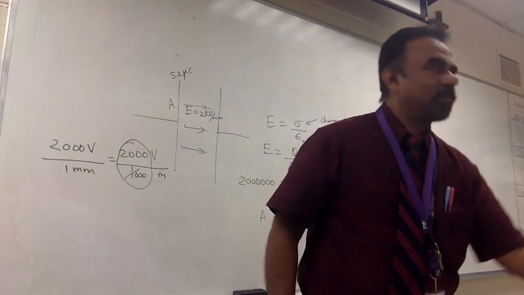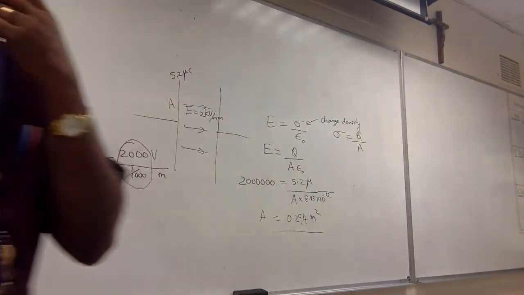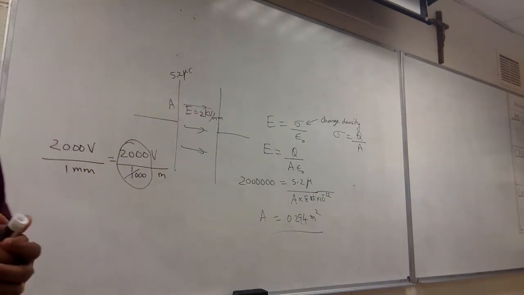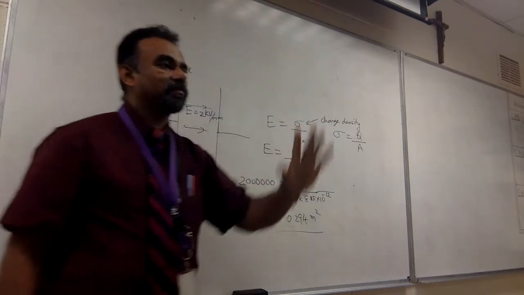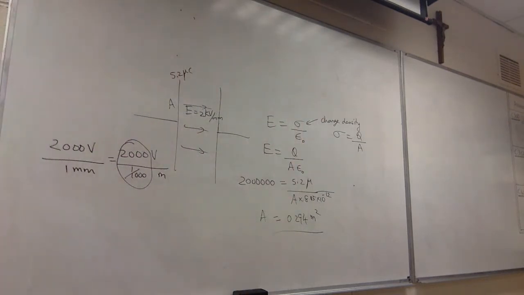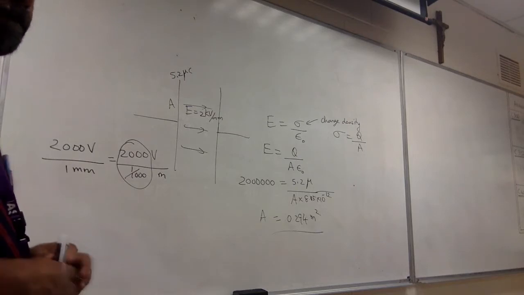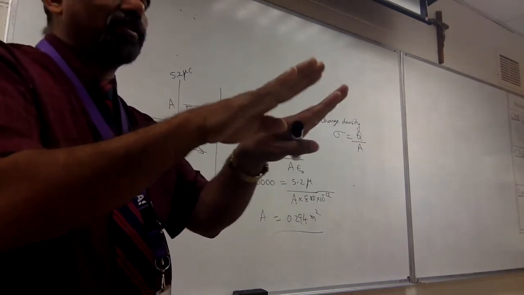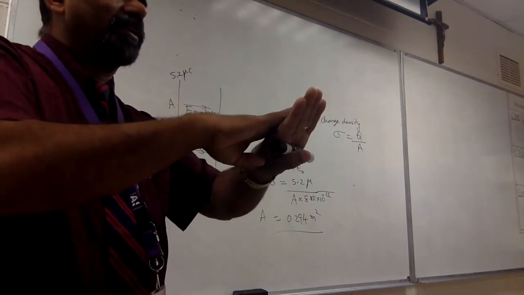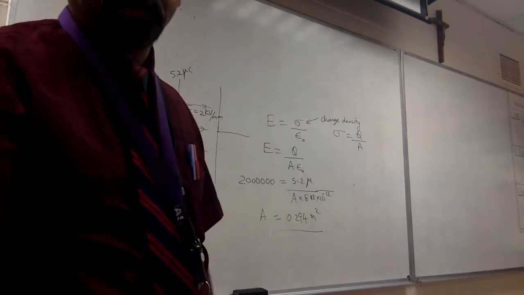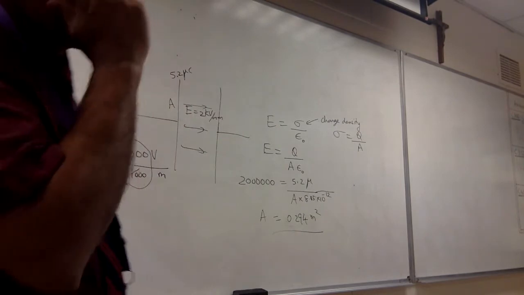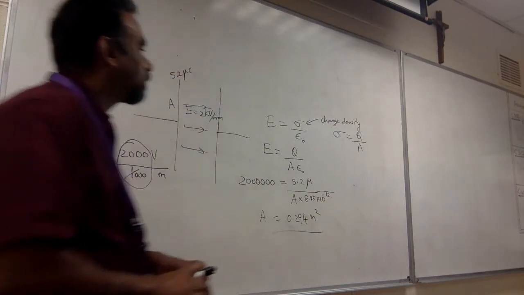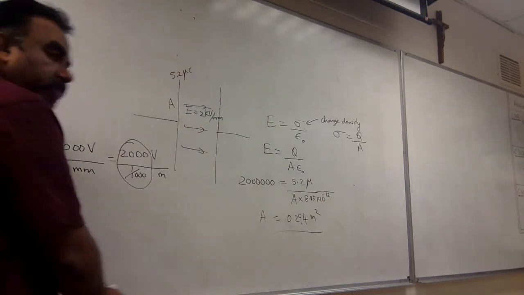Any charged surface spits out electric field, and that is how much. Is that the area of both plates, or just one? Just one, the common area. If the plates don't overlap, there's no field at all, so it's just the common area that matters. Any questions on this? It's fine.